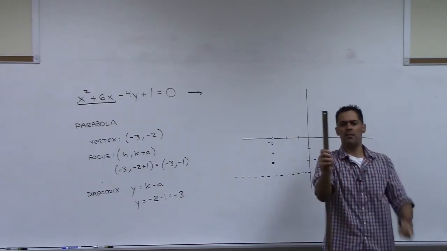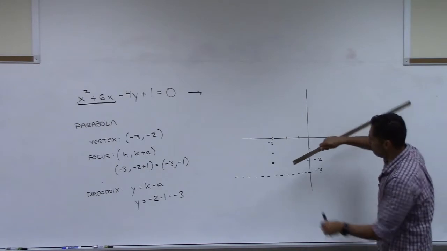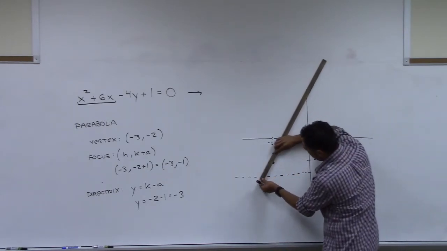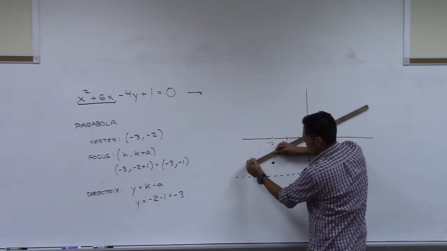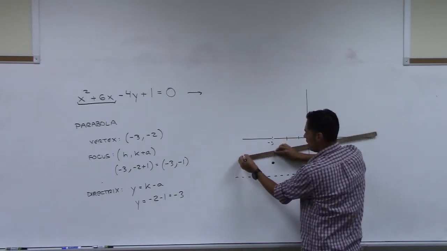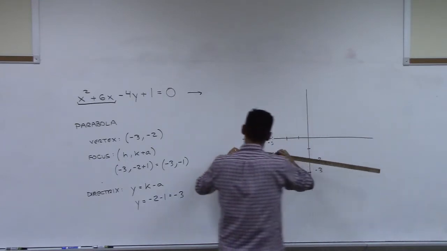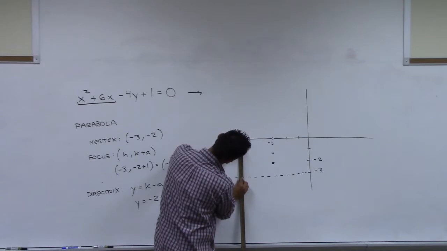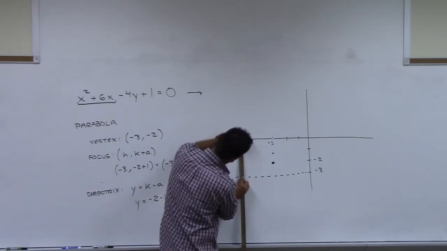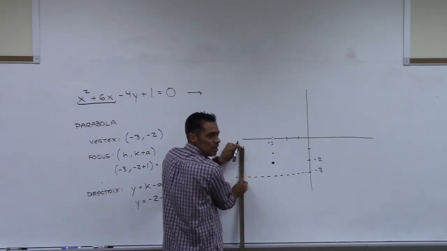I'm just going to pick this length right there, from here to here. And what I'm trying to find is where the distance from the focus to the end of this, I'm going to guess right here, is the same as the distance here to here. Nope, not quite. So I need to move it up. So maybe about right there. So the distance from here to here, focus to here, is the same as the distance from here to here. Do y'all kind of see that?